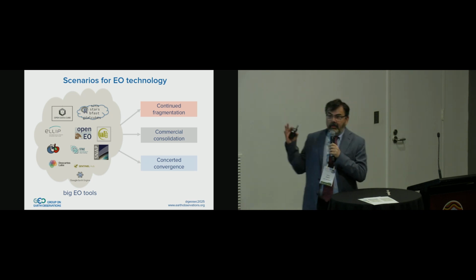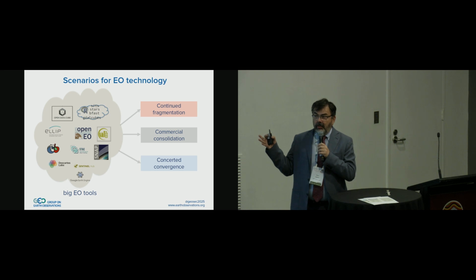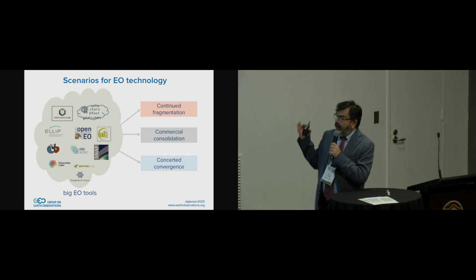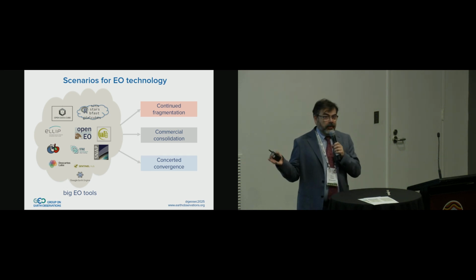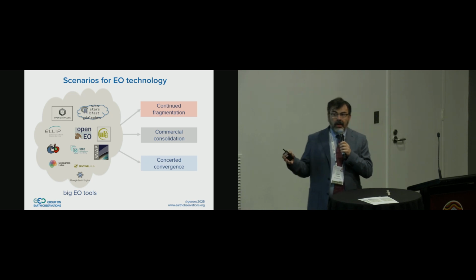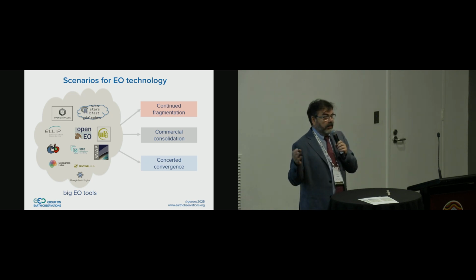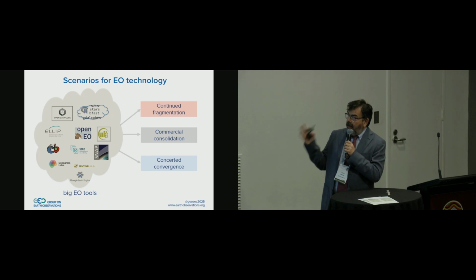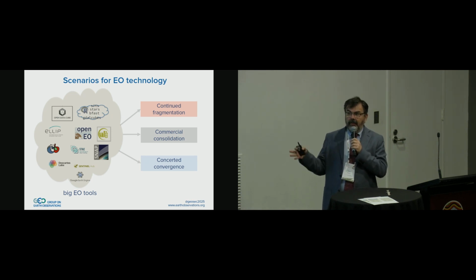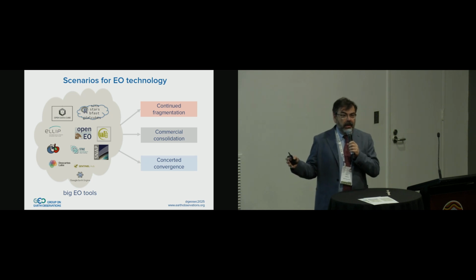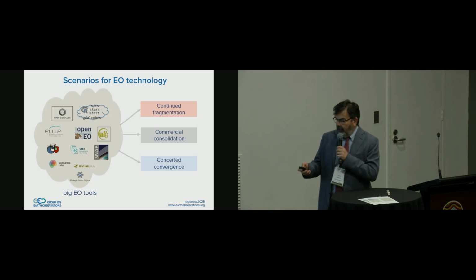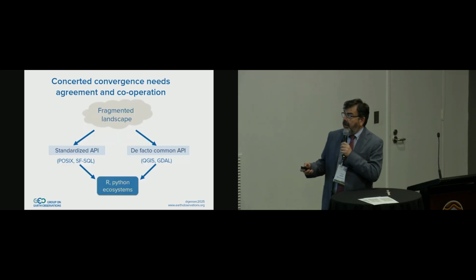Whether this concentration will be led by commercial concentration or will be concerted by groups like CEOS or NGOs is still open to question. I still think there will be a concentration. It's not likely that everything that exists now will survive in 5 years' time. So there is a convergence of platforms, which I hope will happen.